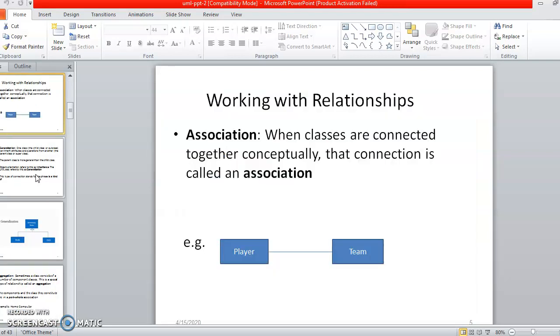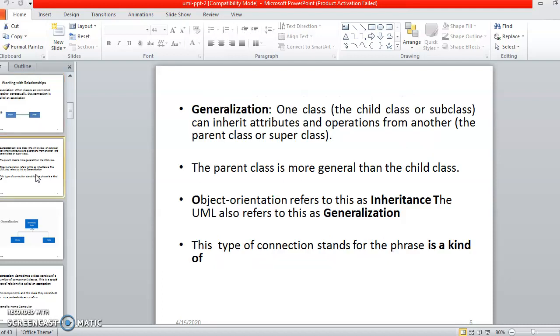Working with relationships, as we are considering UML here, many types of relationships are there. First one is association. When classes are connected together conceptually, that connection is called association. Second one is generalization. One class inherits some attributes or properties from another class.